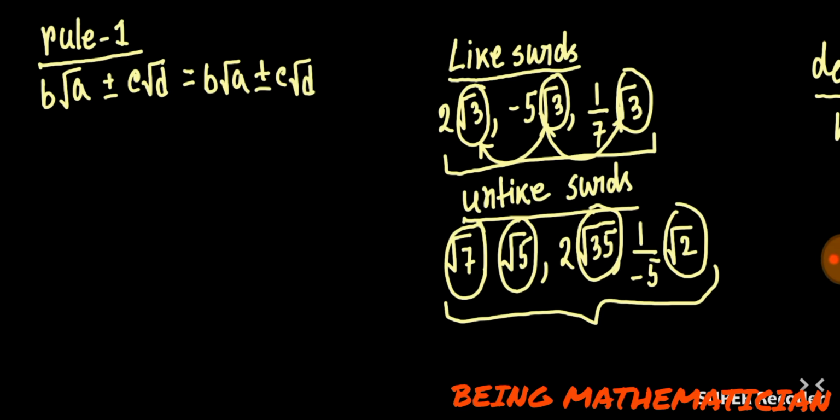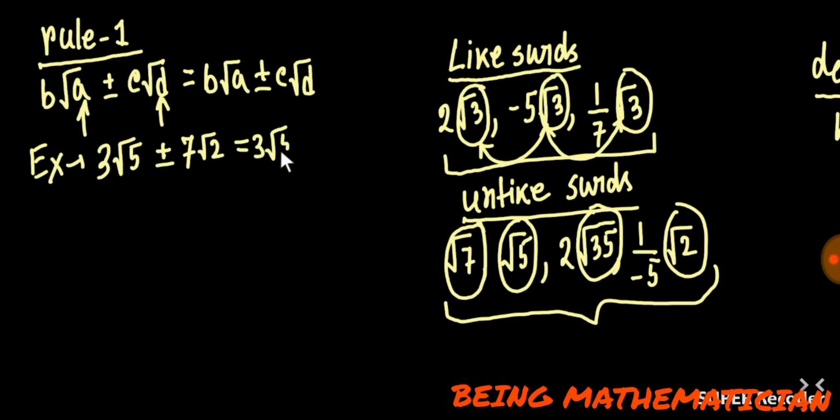That means addition or subtraction cannot be done in unlike surds. So here we can observe that the surds are unlike surds. So addition or subtraction cannot be done in unlike surds. So example, 3 root 5 plus minus 7 root 2 is equal to 3 root 5 plus minus 7 root 2.